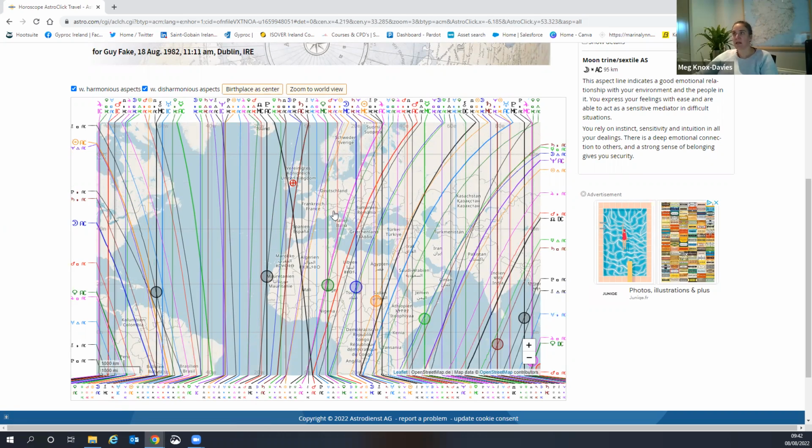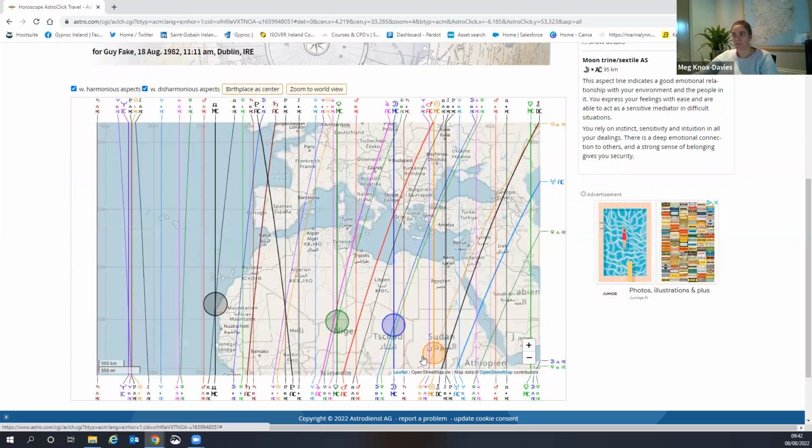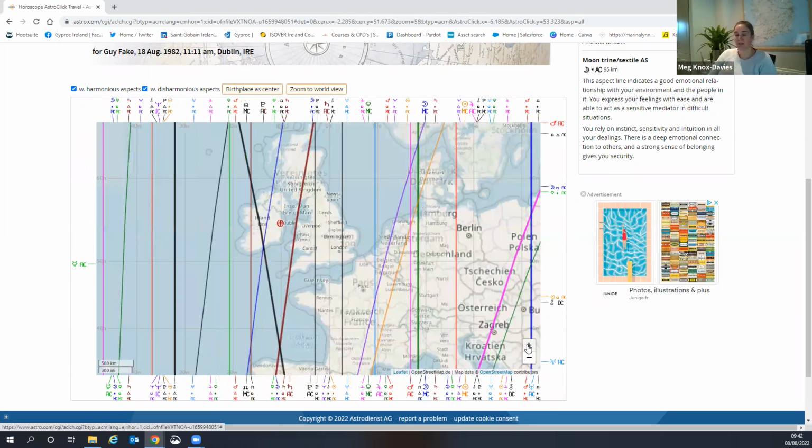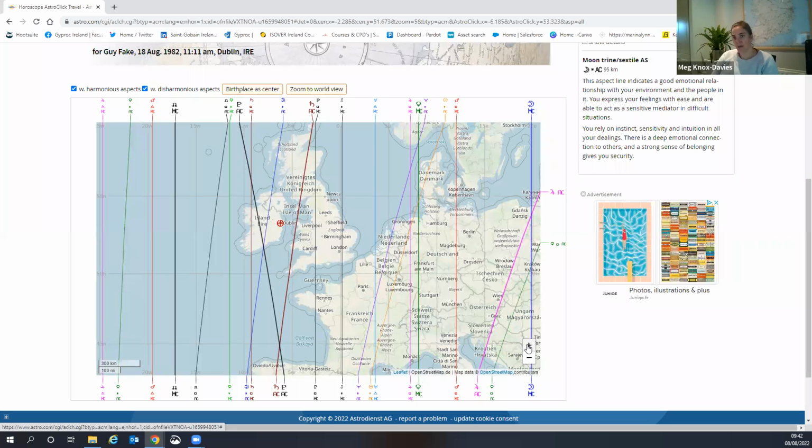Now you want to get the line, the dots, we'll talk about a little bit later, but the lines themselves, to get as close to the line as possible. If you are within 250 kilometers or like 300 miles of that line, you're still going to feel it. Obviously, the closer you get, the more that energy becomes stronger, and the further away, the weaker that energy is.